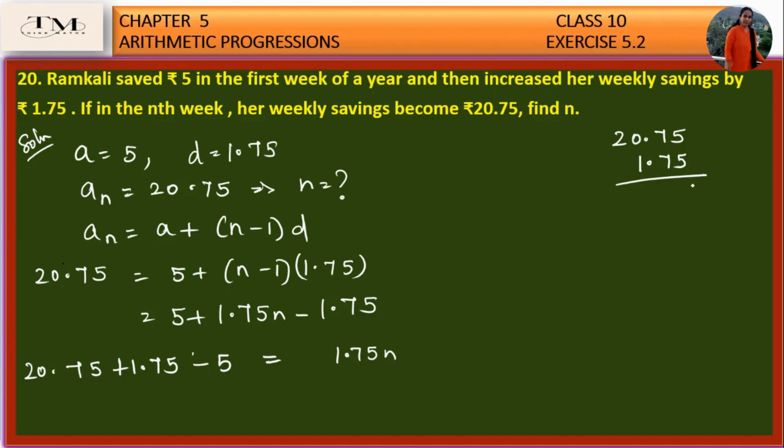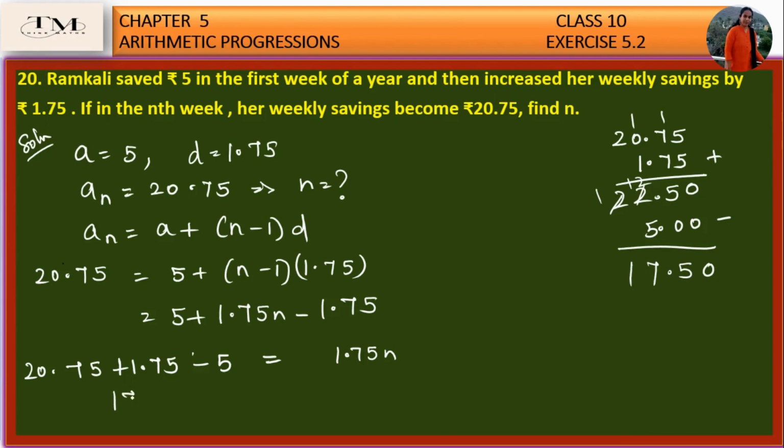So 5 plus 5 is 10, balance 1; 7 plus 7 is 14, 14 plus 1 is 15, balance 1; 1 plus 1 is 2, so 22. And we have to subtract 5. So 5.00, we have to subtract. 0 minus 0 is 0, 5 minus 0 is 5. 2 minus 5 is not possible, so 12 minus 5 is 7, bringing this 1 here.